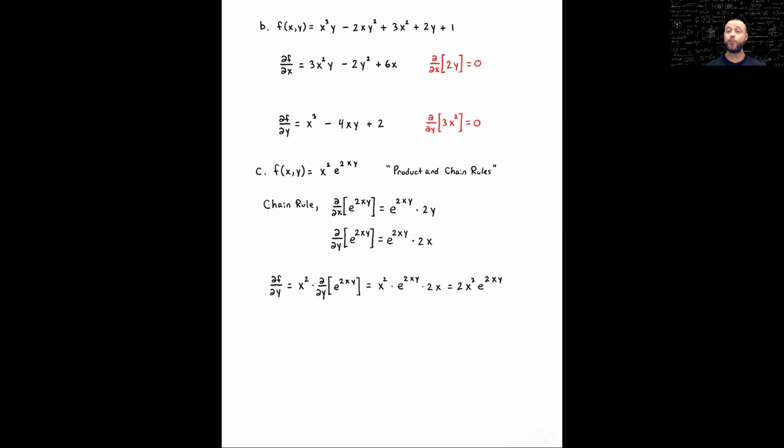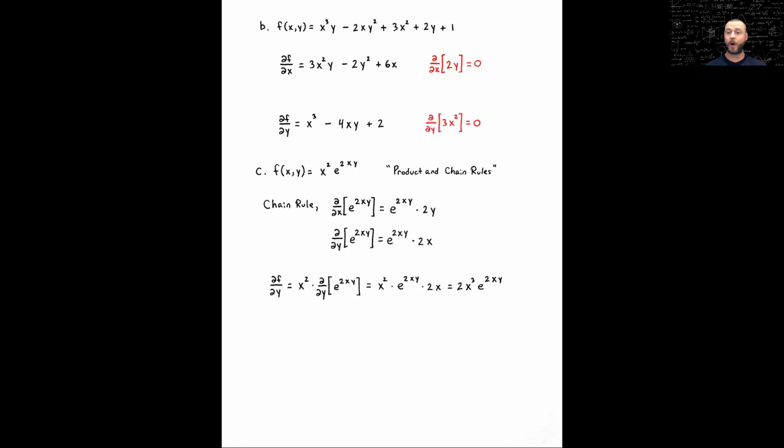All right, and that is the y partial derivative. The reason for that, notice in the definition of the function, we have x squared times the exponential function, which contains x. So the function that we're given is a product of x squared times another function of x. So we're going to need the product rule to calculate the x partial derivative.